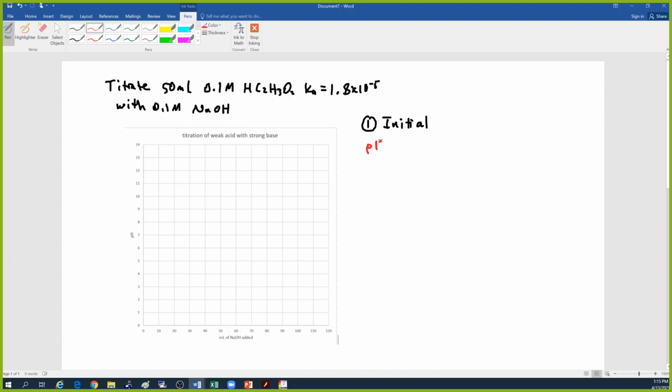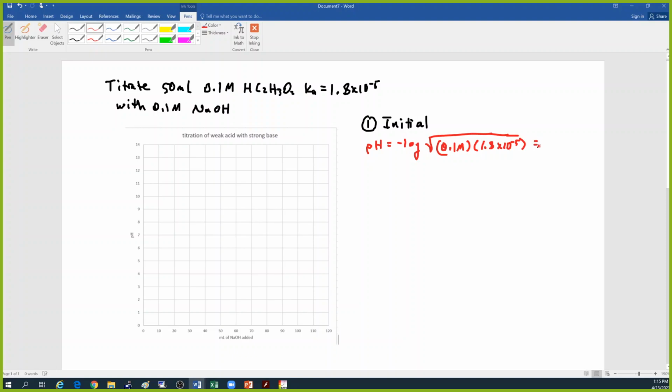The pH is just going to be the negative log of the square root of Ka times the concentration. The concentration is 0.1 molar, because that's what we have at the beginning. And Ka is the equilibrium constant, the acid dissociation constant, which we also know.